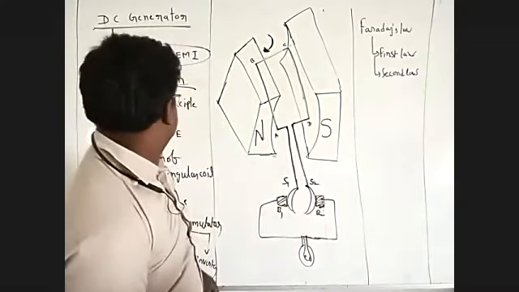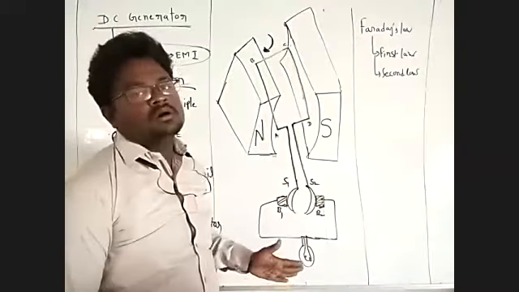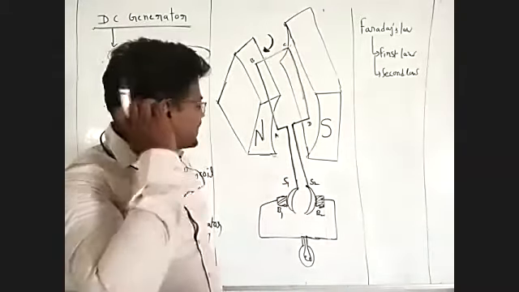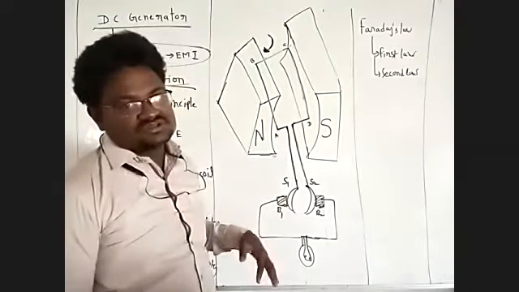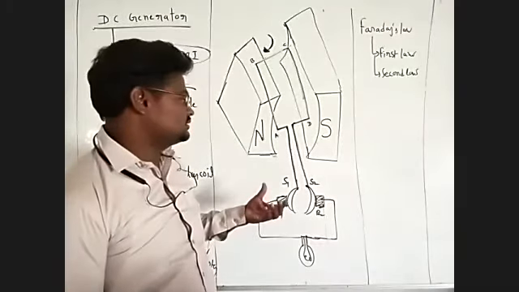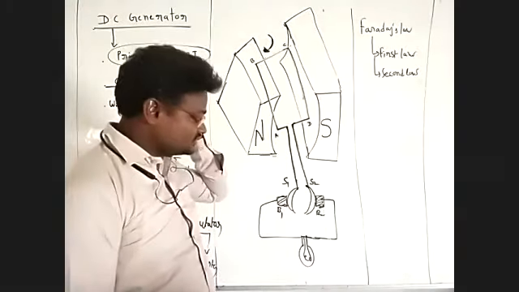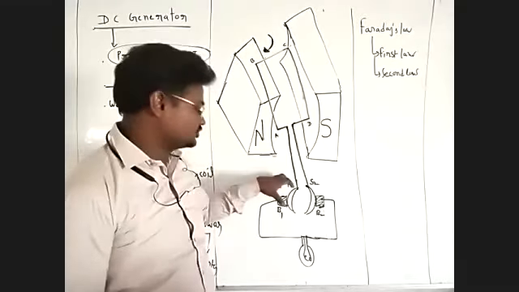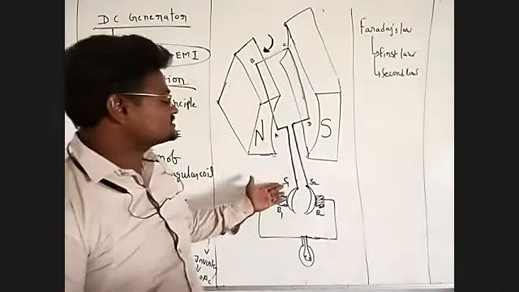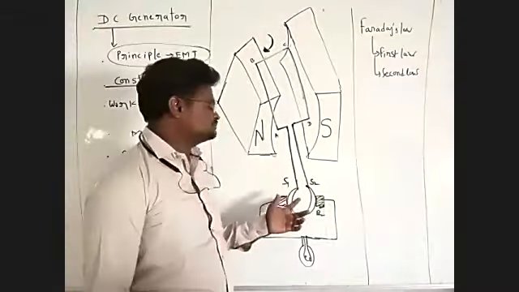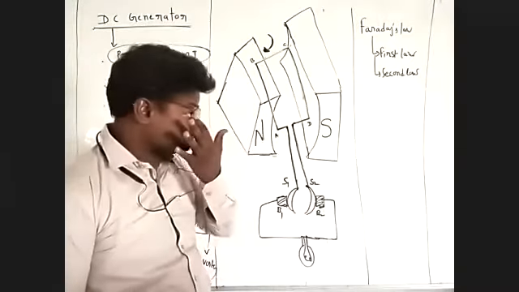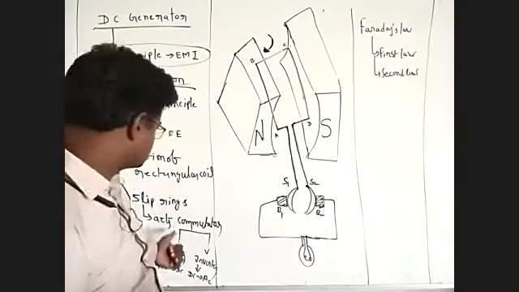Next, this is a rectangular coil. It carries the induced current. Next, slip rings. What is the use of the slip rings? Slip rings act as a commutator.